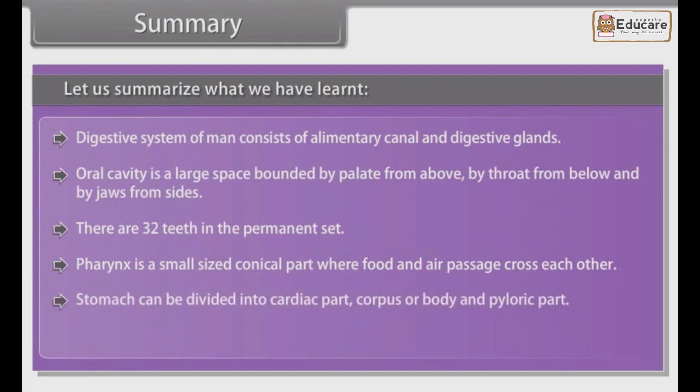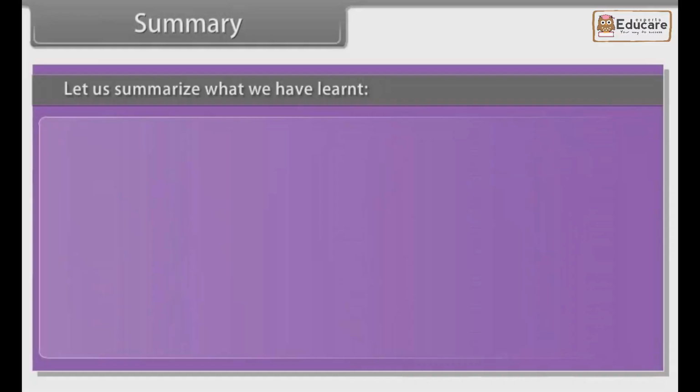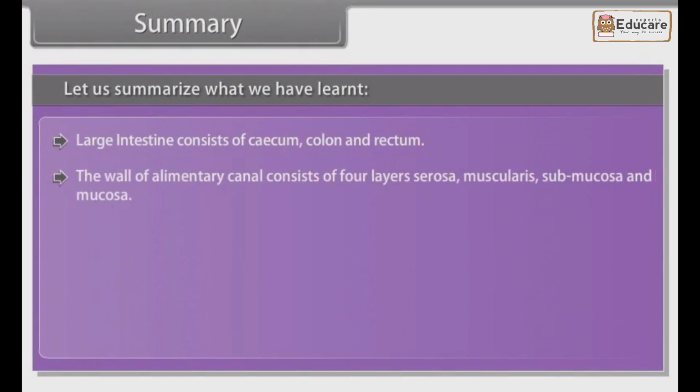Stomach can be divided into cardiac part, corpus or body, and pyloric part. Small intestine consists of duodenum, jejunum, and ileum. Large intestine consists of caecum, colon, and rectum. The wall of the alimentary canal consists of 4 layers: serosa, muscularis, submucosa, and mucosa.